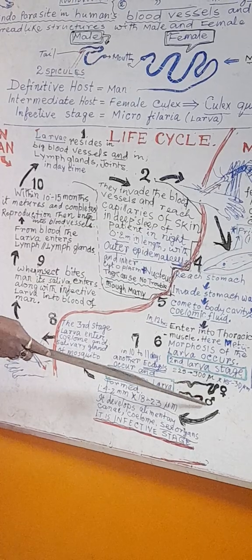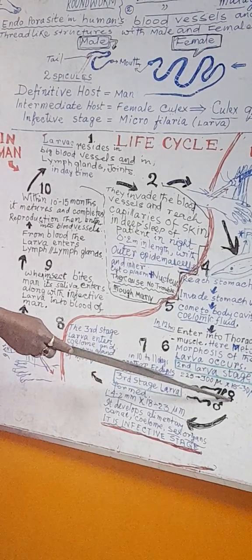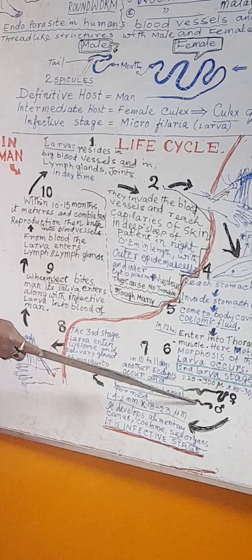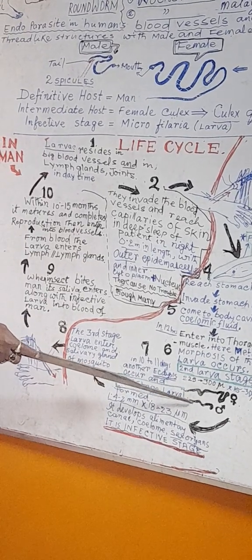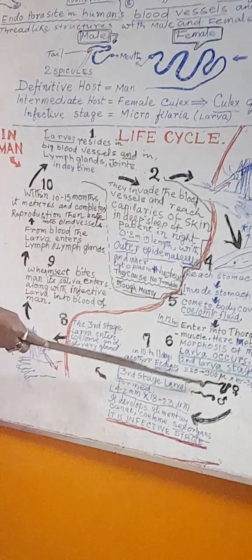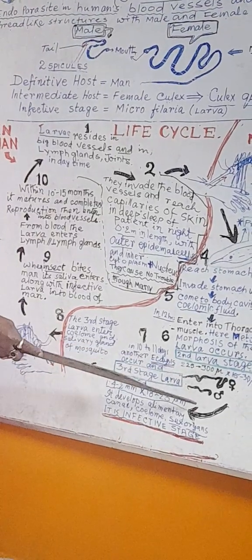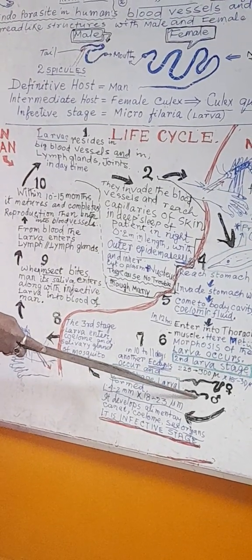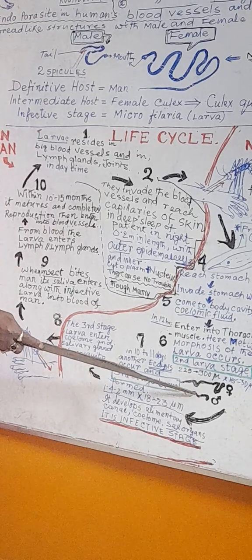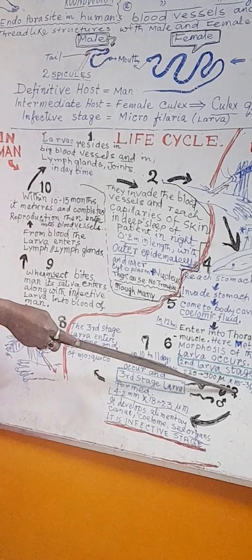This is the sign of the male larva, and this is the sign of the female larva. The female is longer than the male. Male is shorter, female is longer.